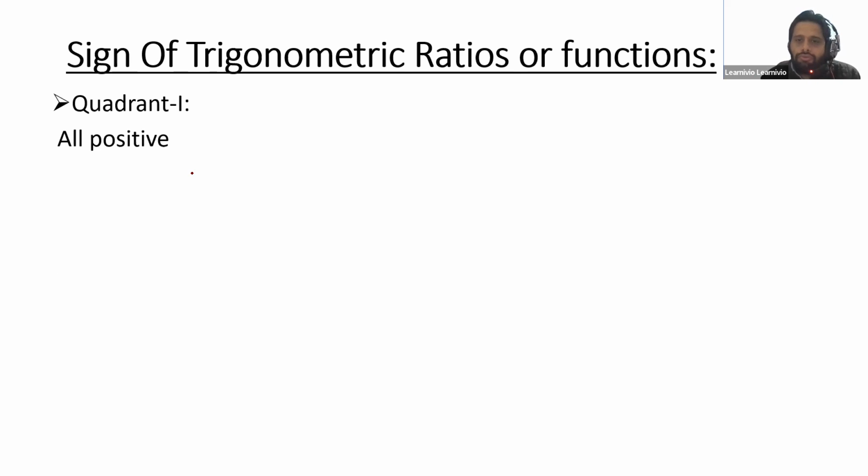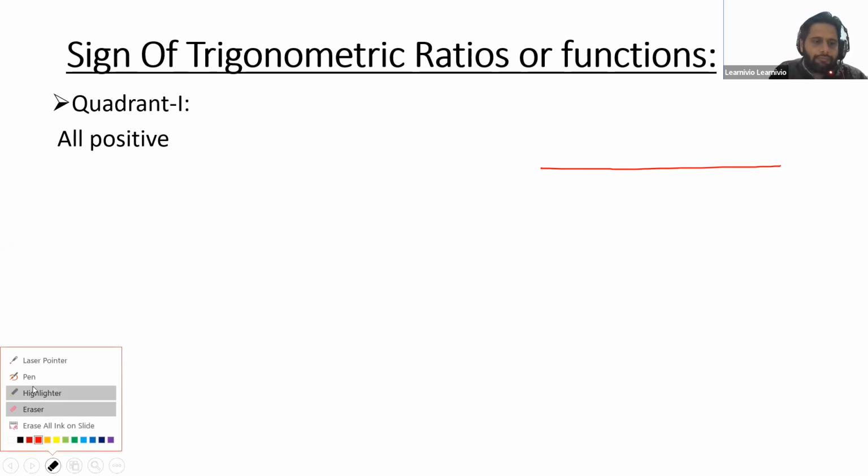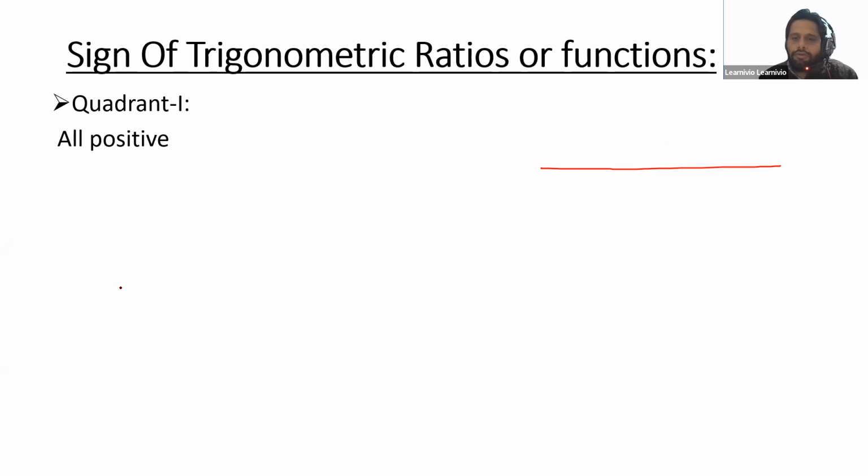Okay, so what we will do, for example, suppose this is 0 degree. So we will do a derivation for this. Now this is 0 degree.